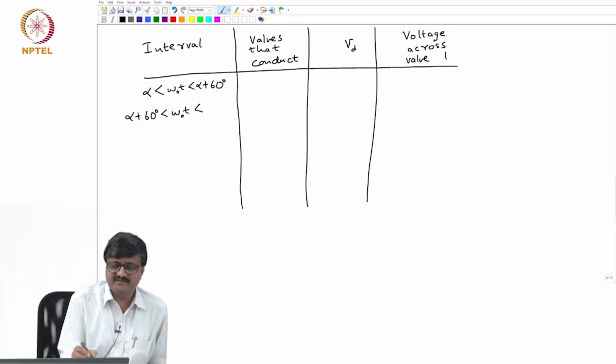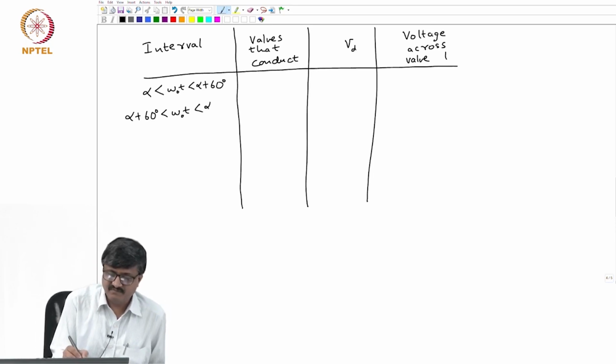What I have written here is, in the first case, omega t is greater than alpha and less than alpha plus 60.